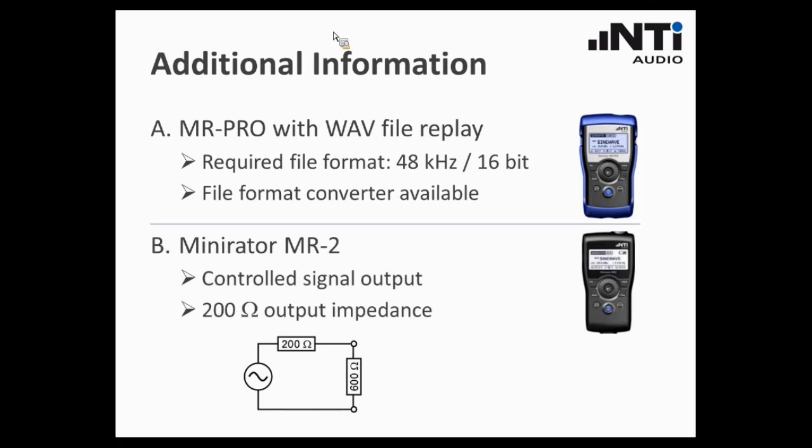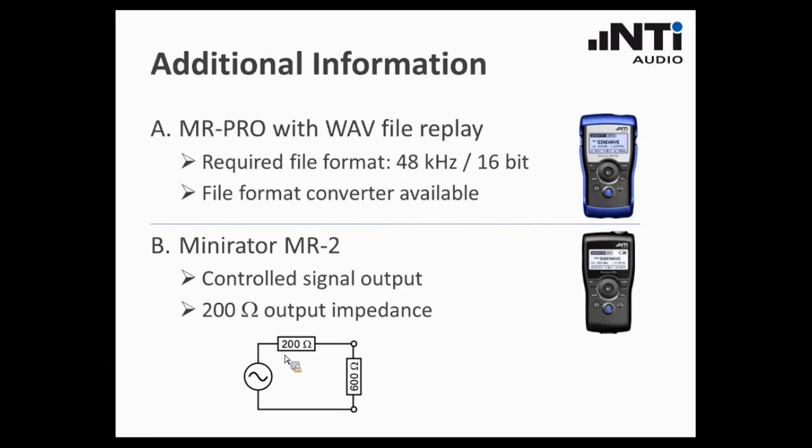And another hint, I have been talking about MR-PRO in this presentation, but this is an important one. If you are a user of the MR2, the small brother of the MR-PRO, keep in mind that this device does not have a servo loop output, but a controlled signal output, the one that I showed to you at first. So here we have a signal generator with a 200 ohm output impedance.